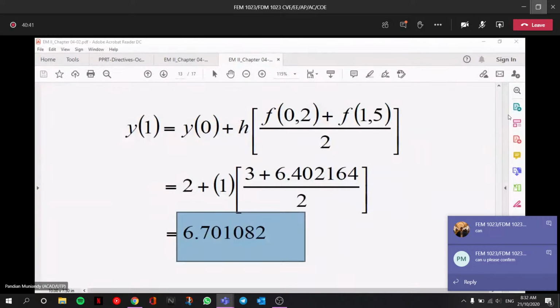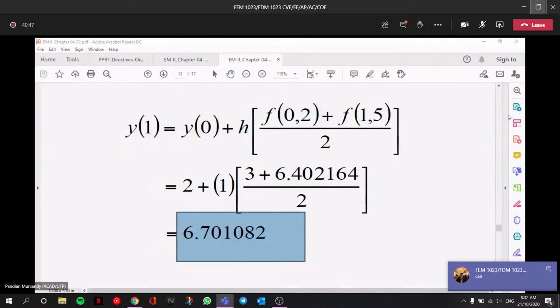And y at x equals 1, the answer must be 6.701082. So you must confirm this first.